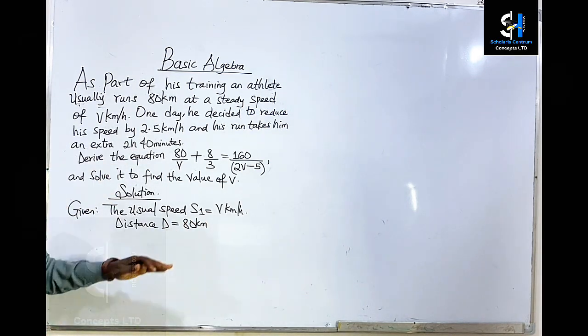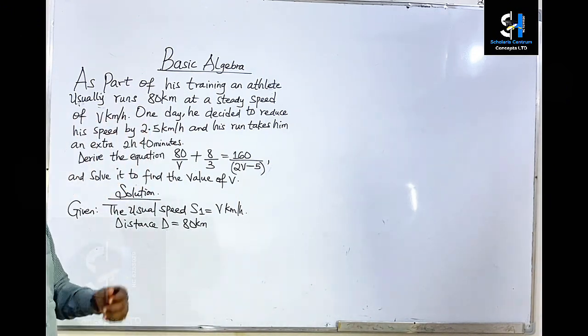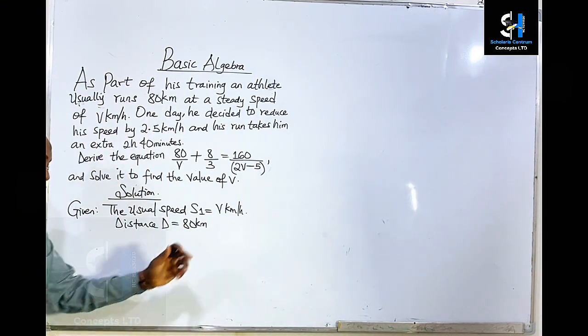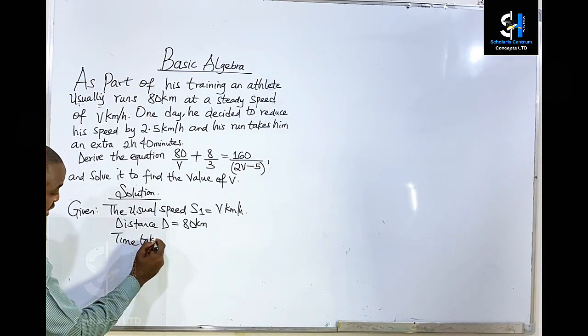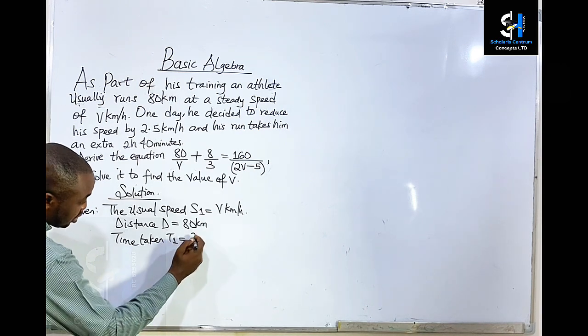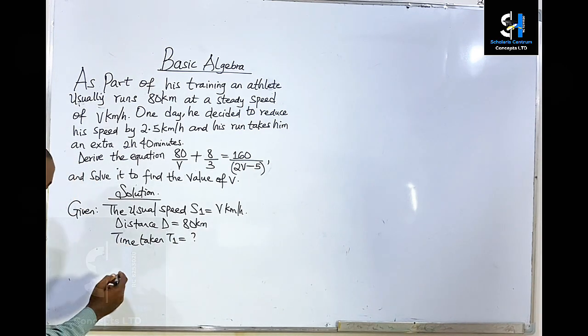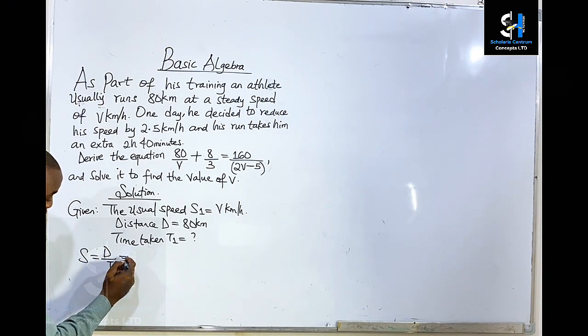Like I said, we need to first calculate the time it takes the athlete to run 80 kilometers at this speed. So the time taken, let's write that as T1. T1 is what we need to find out here. And we know from the equation connecting S with D and T that speed equals distance over time.